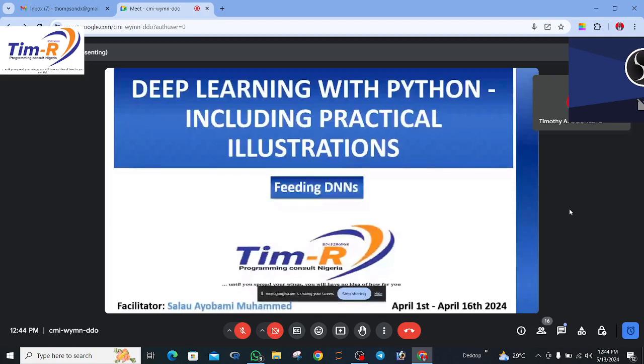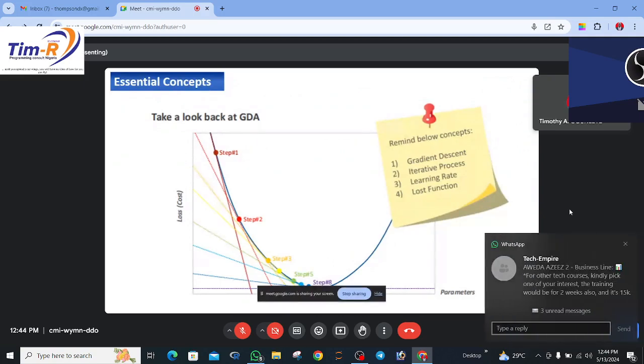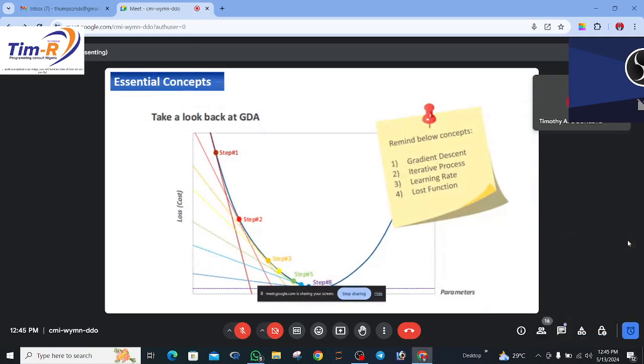And we are going to be looking at a lot of things that pertain to deep learning models. So, to start with, we are going to look at some essential concepts when it comes to feeding a deep neural network. We want to look at gradient descent, iterative process, learning rate, and loss function.